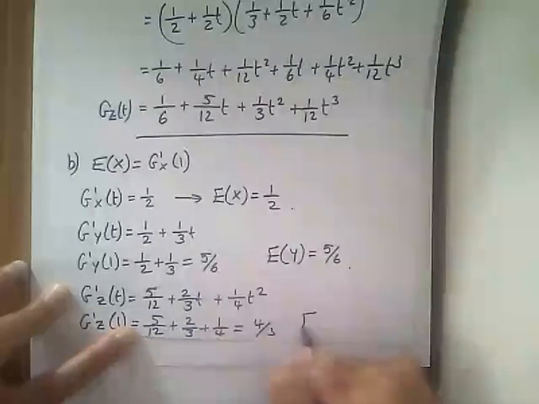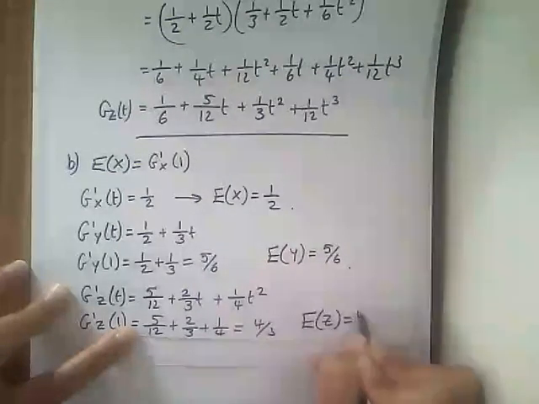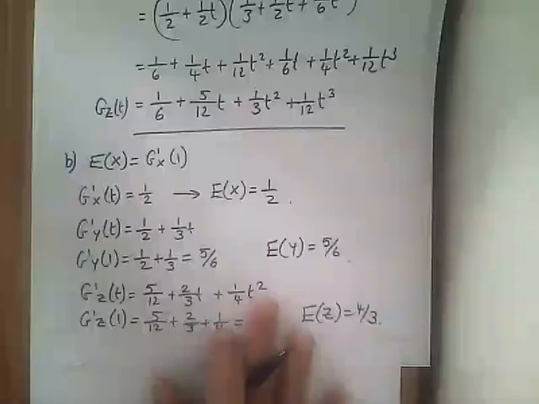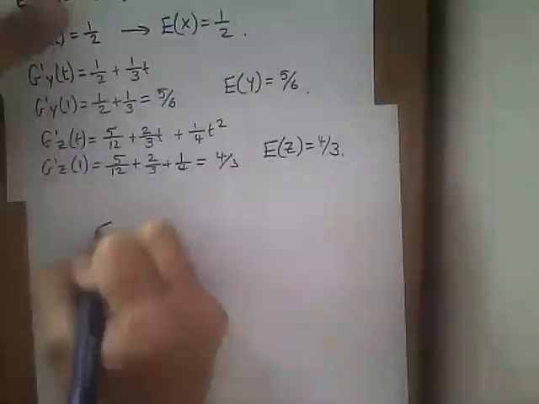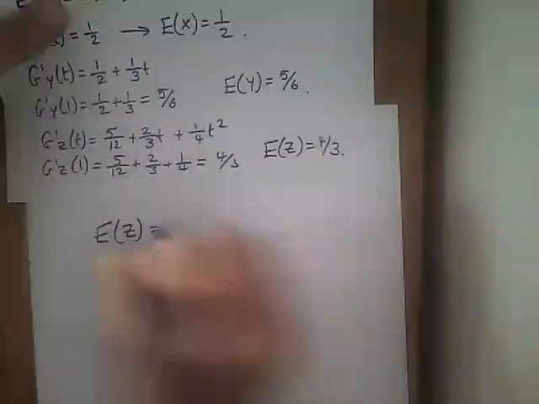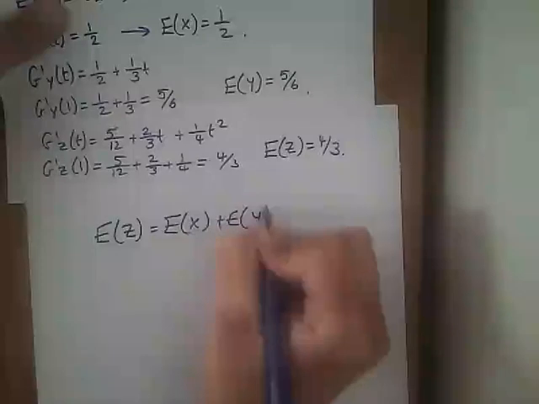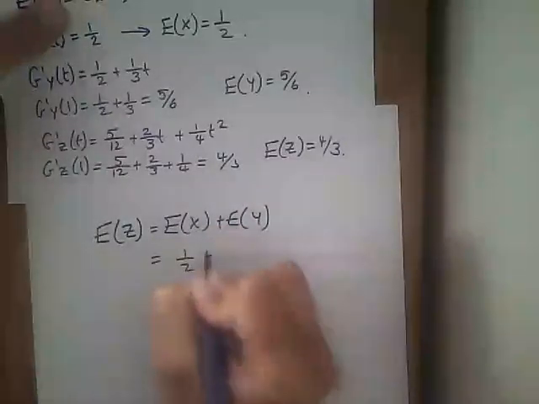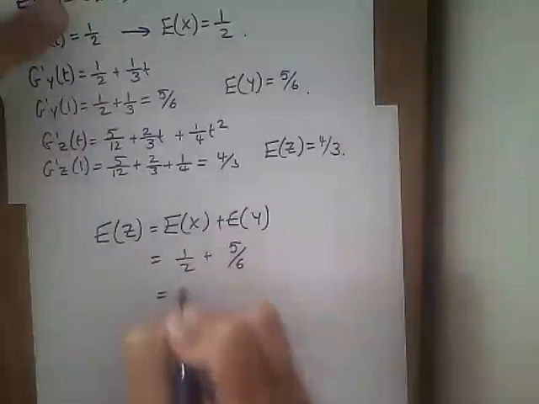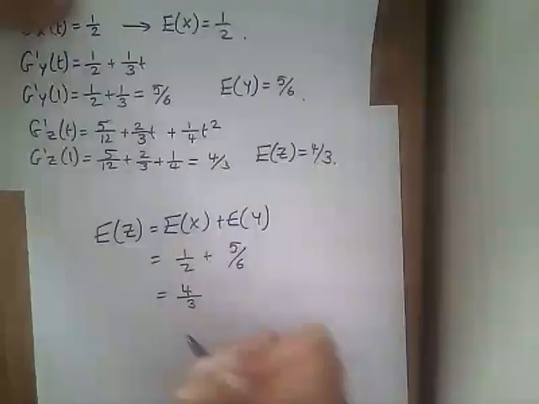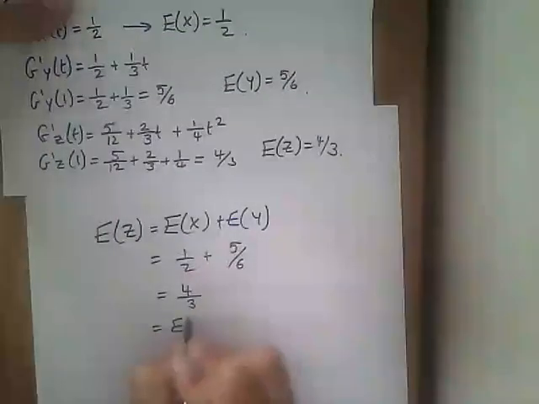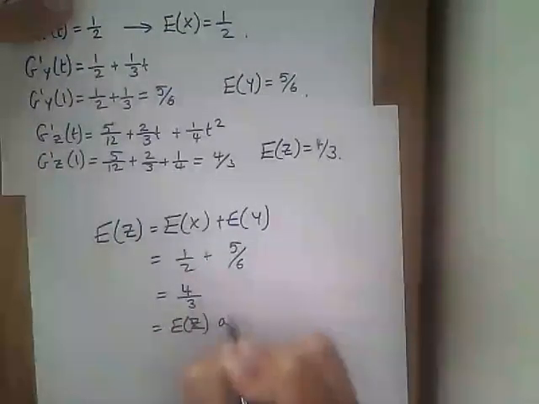So E of z is 4/3. Okay. Then, if we think about E of z, we're going to suggest it is E of x plus E of y. So E of x is a half, E of y is 5/6. So that is 4/3, which is what we've got for E of z as required.